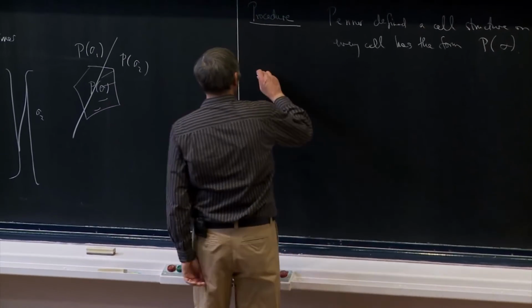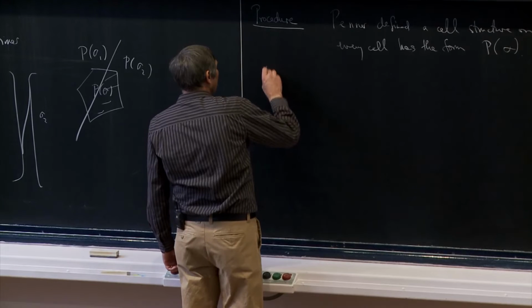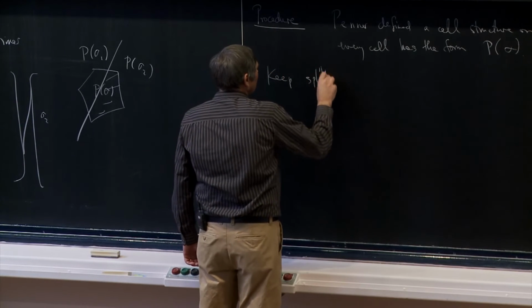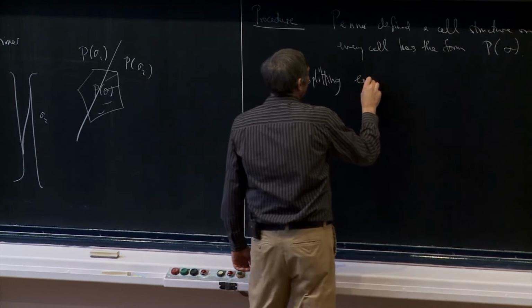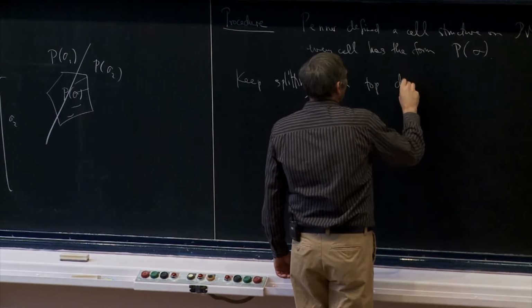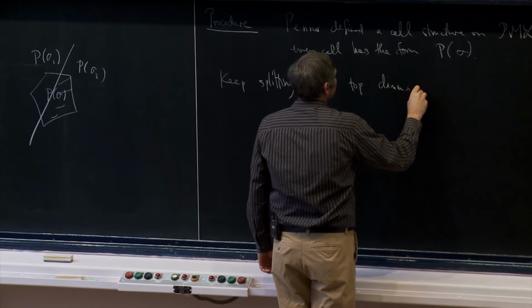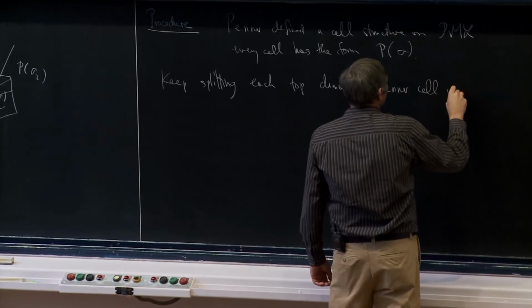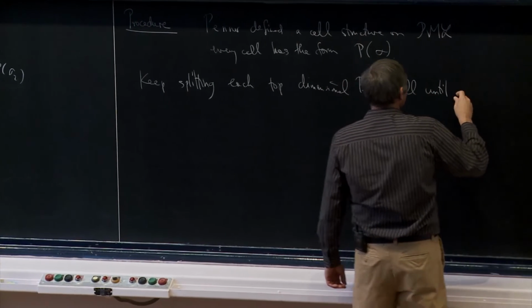Okay, so keep splitting each Penner cell, each top-dimensional Penner cell, until the visual size is less than epsilon.